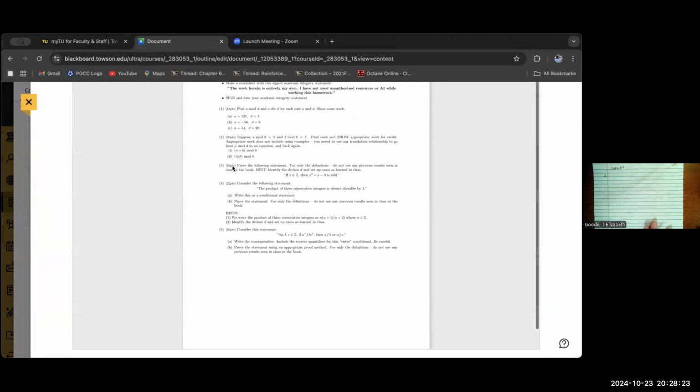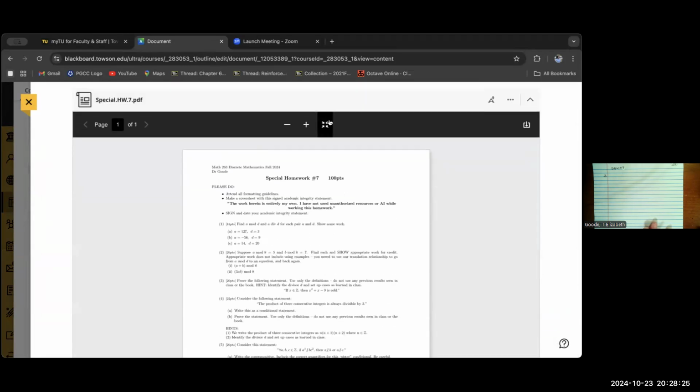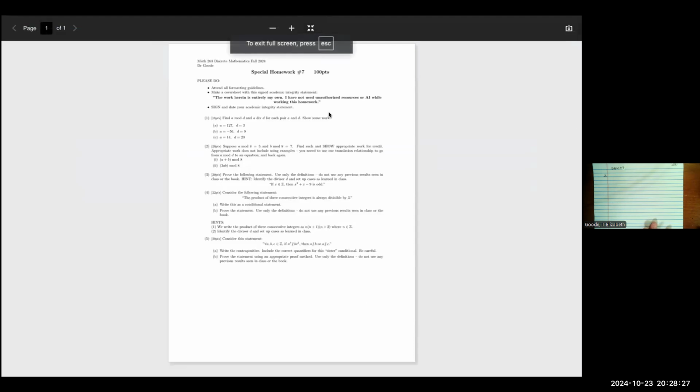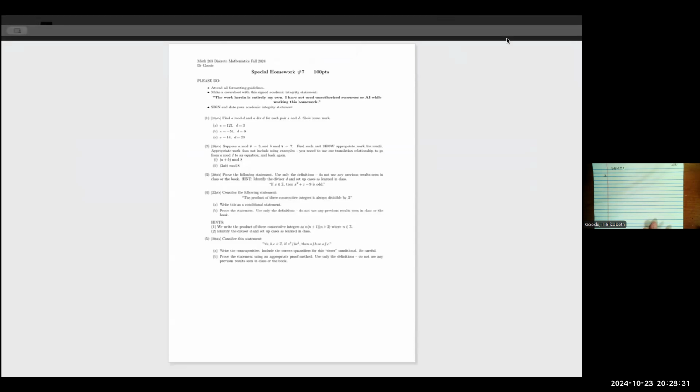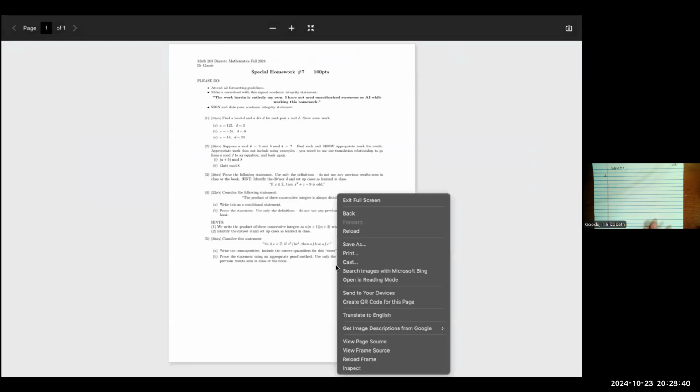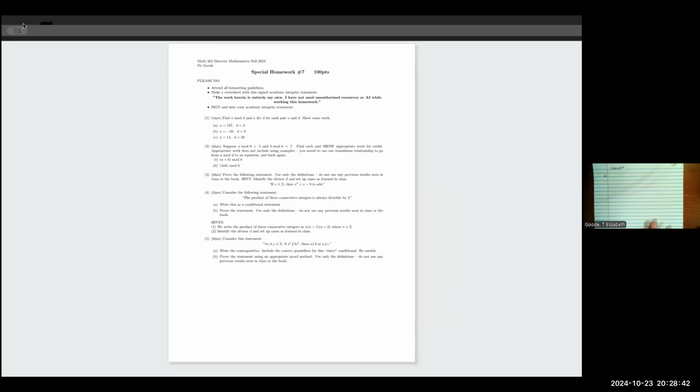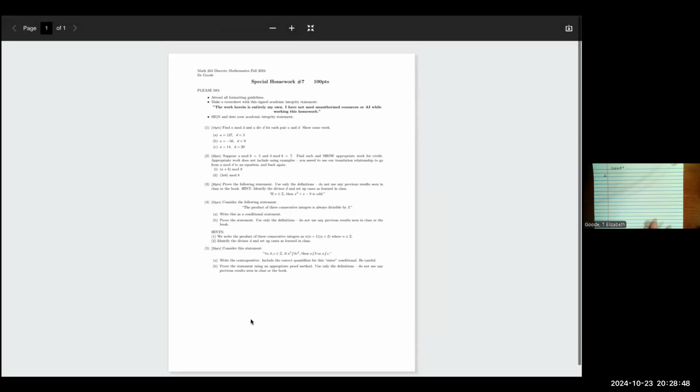Can you make it a little bigger? Are you seeing the plus? There's a plus right next to that thing that expanded it. In the middle. See the plus and the minus? Right above the word homework.